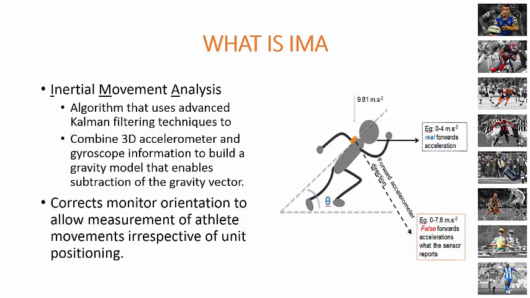Whereas with IMA, we use an algorithm to build the gravity vector, or subtract the gravity vector, and what we get is a real forward acceleration of 0 to 4 meters per second squared. So all in all, what IMA does is it detects orientation and removes the gravity vector, so we get true movement of the athlete.